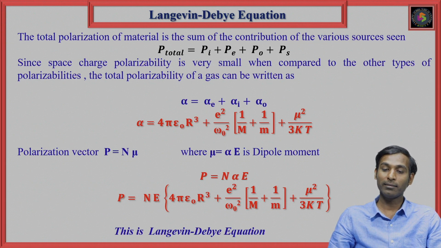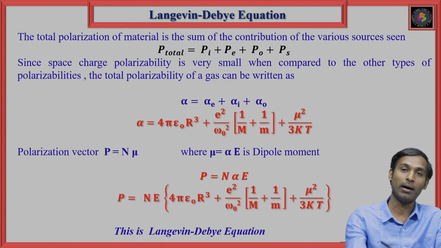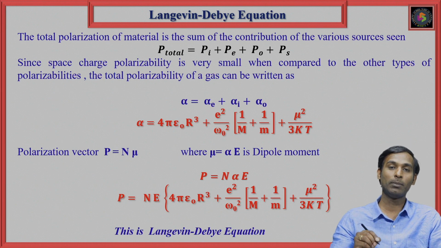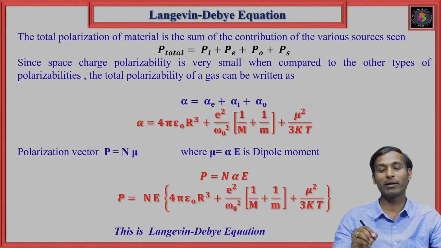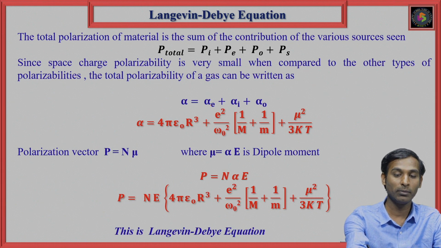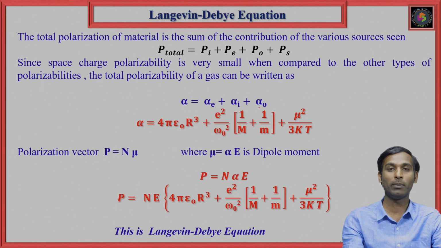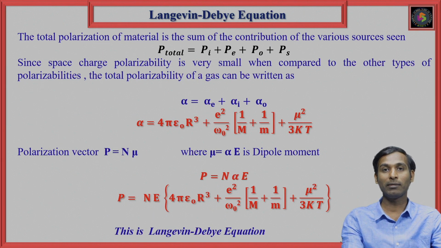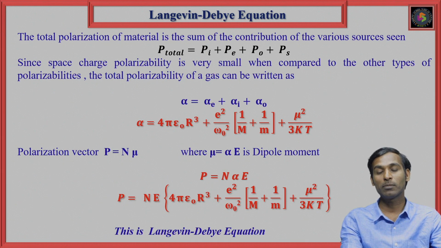the total polarizability of a gas can be written as alpha. Alpha is said to be polarizability. The total polarizability can be written as alpha E, that is electronic polarizability, plus ionic polarizability plus orientation polarizability. Now, in the previous classes, we derived the electronic polarizability and orientation polarizability.